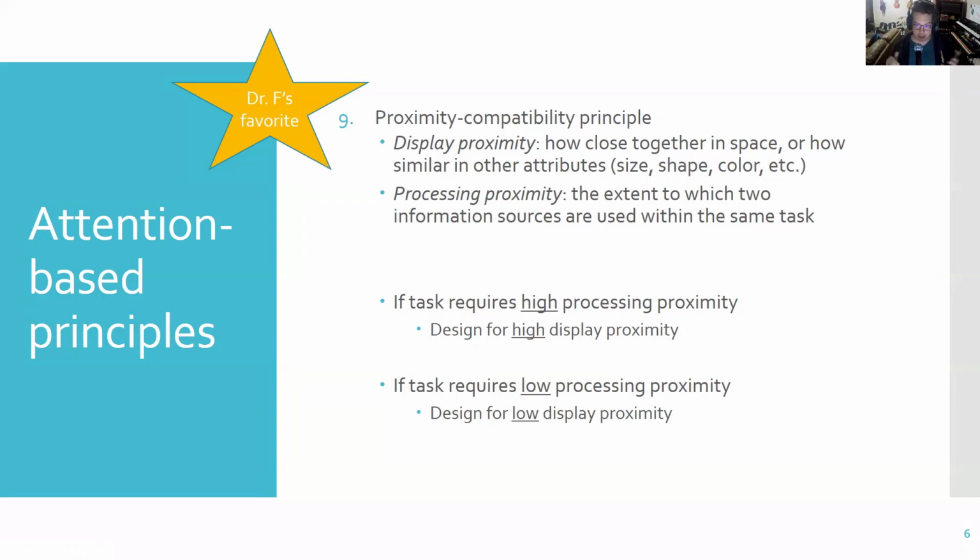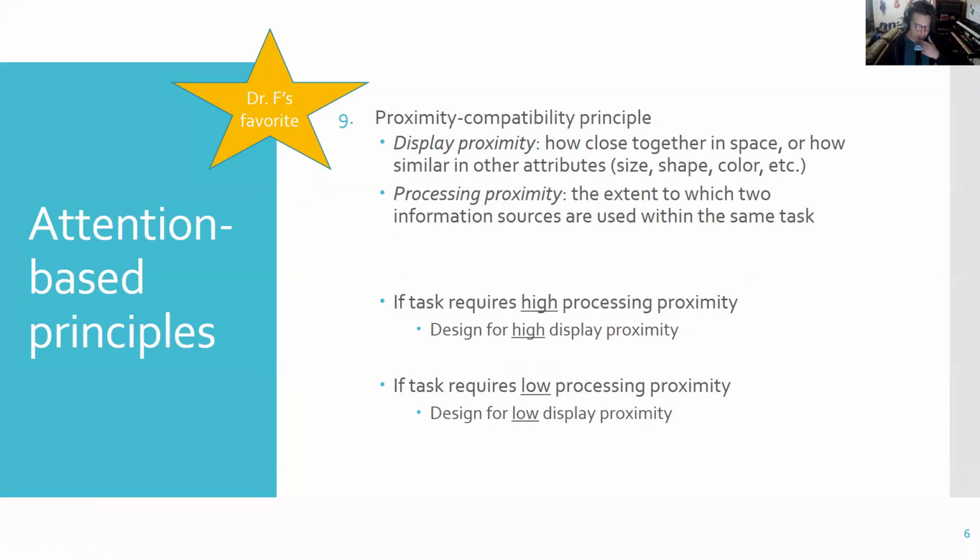They have nothing to do with each other for any task, then make them look like they don't go together. Spatially separate them, make them look different colors, different sizes, different styles. And then this way, there's no temptation for those to be associated in a confusing way, display elements.